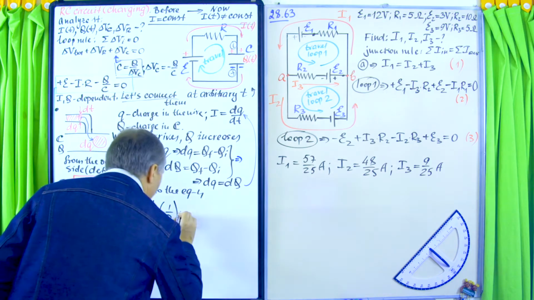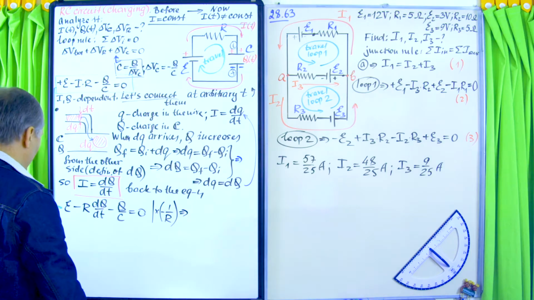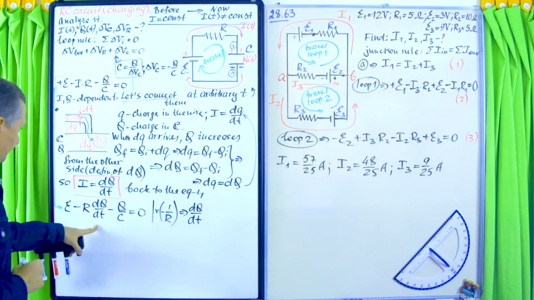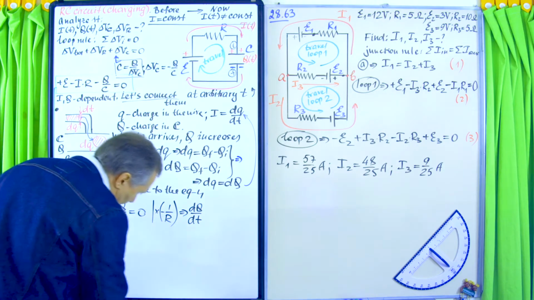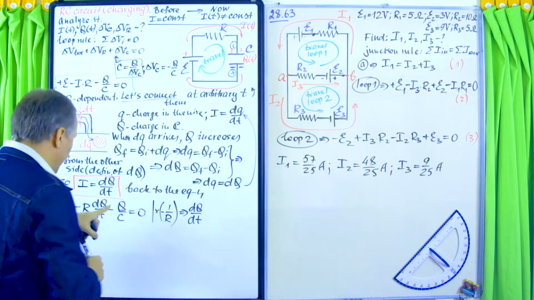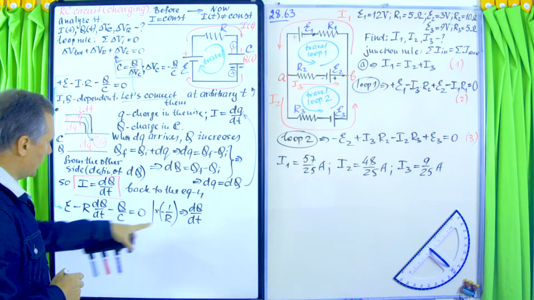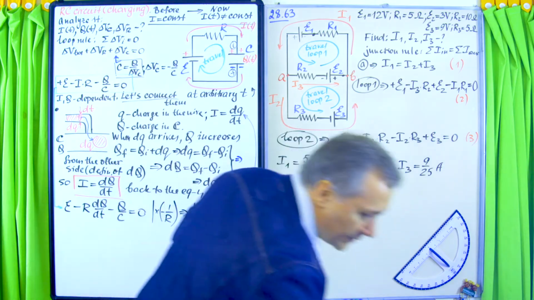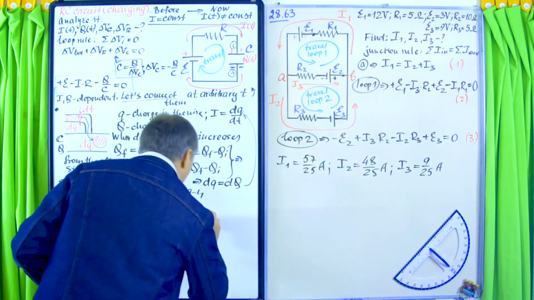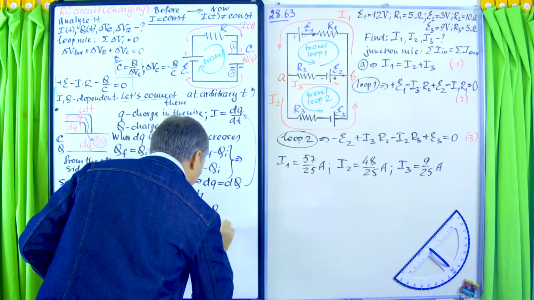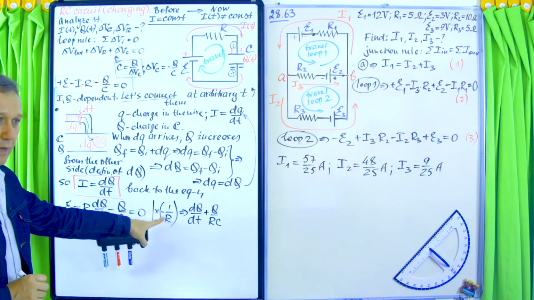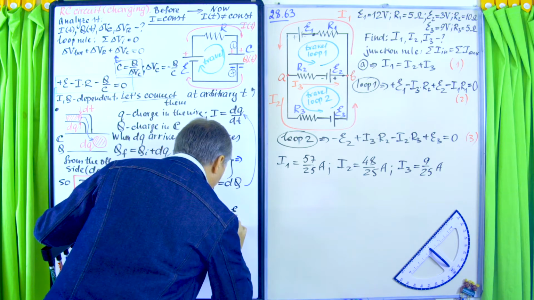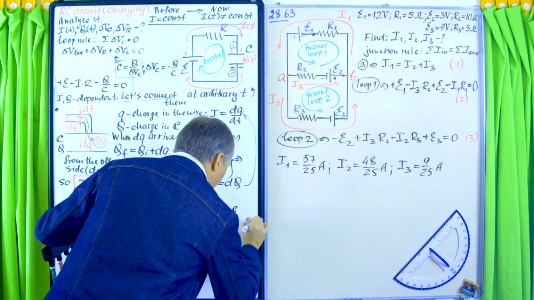So it will be dq over dt, then plus q divided by RC, because minus divided by minus gives plus, and downstairs we have R times C. And then the EMF term, divided by minus R, ends up as minus EMF divided by R, and it is equal to 0.